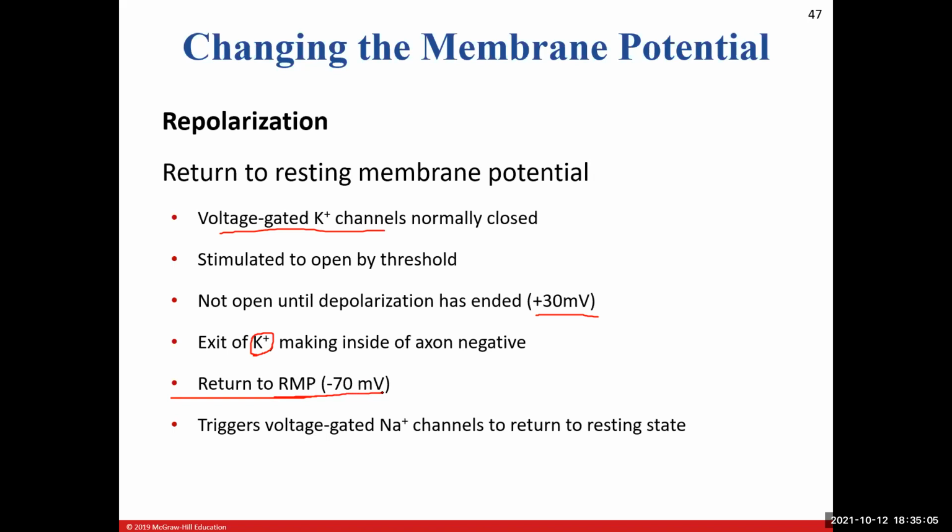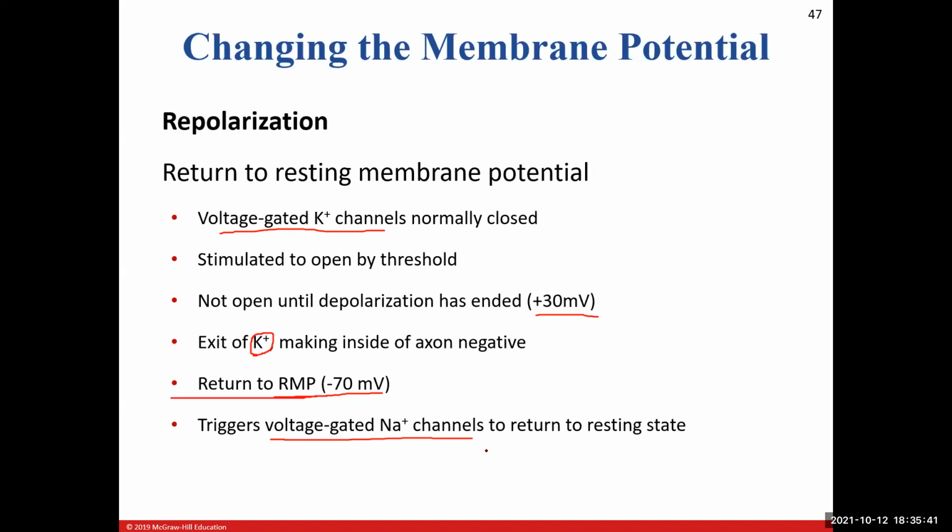As this repolarization process occurs, remember the voltage-gated sodium channels? What did we say about them? They have three states. They have a resting state, which is when they're closed. We have an activation state and an inactivation state. So during repolarization, we will see the voltage-gated sodium channel go from the inactivation state to the resting state.